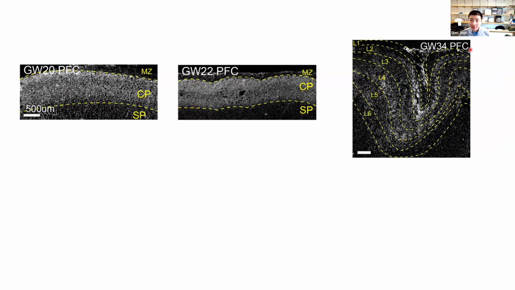It is really only around gestation week 34 that you start to see some earlier hints of the cells being spaced apart, and then some of the layer-specific morphologies start to appear. So it has always been questionable in terms of when the distinction between these cortical layers is actually established.